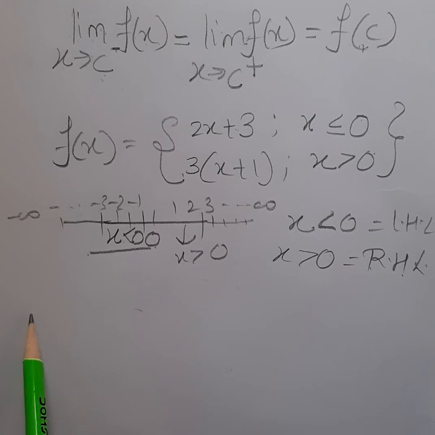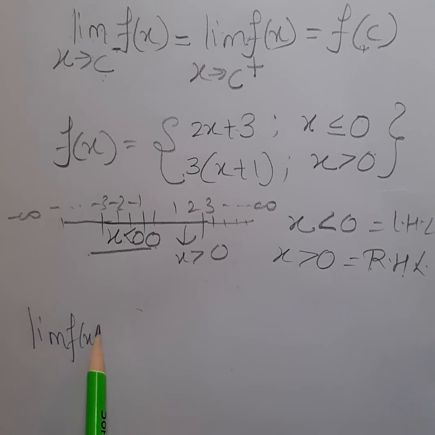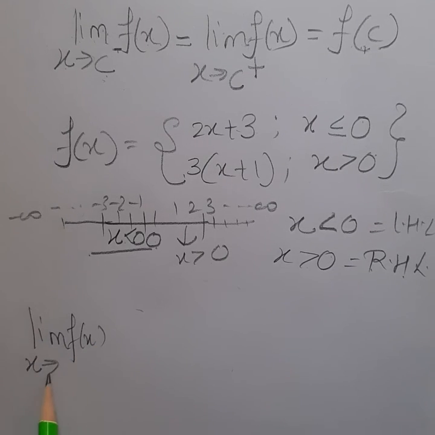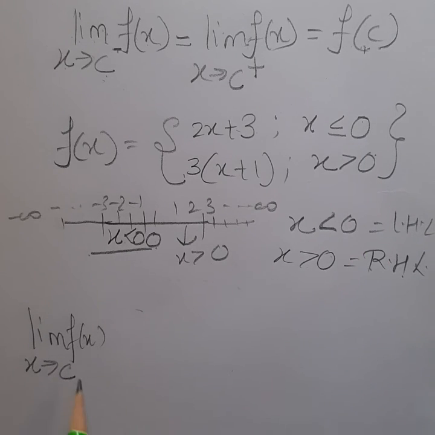For this, first of all you write the function f(x) like this, and write x tends to c. What is the value of c here? The value of c is 0 in your question, so we write 0 negative. Now we have to put the value of f(x).